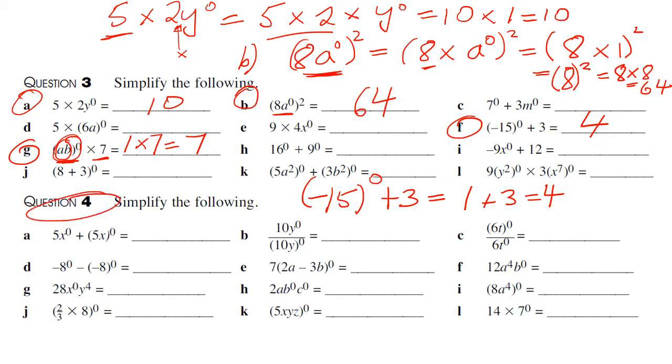Let's look at question 4. Let's look at 4a. 4a is slightly tricky, but if you are careful, you wouldn't mess it up. I've got 5x to the power of 0 plus (5x) to the power of 0.